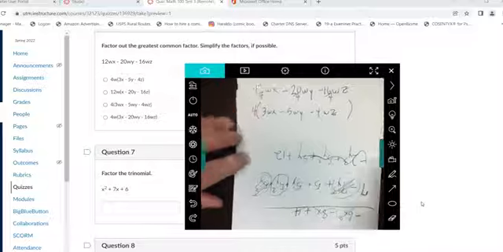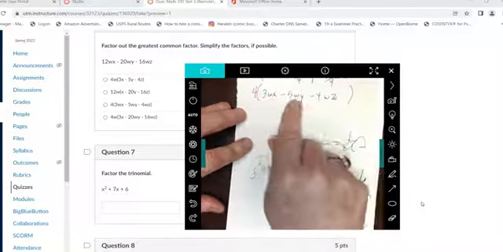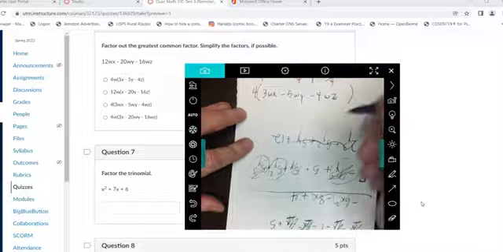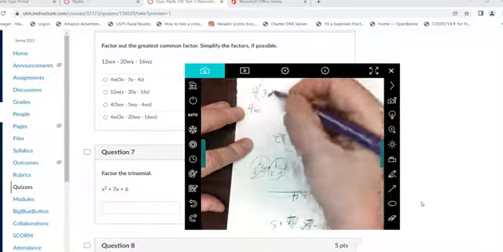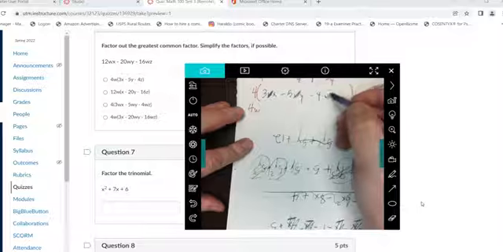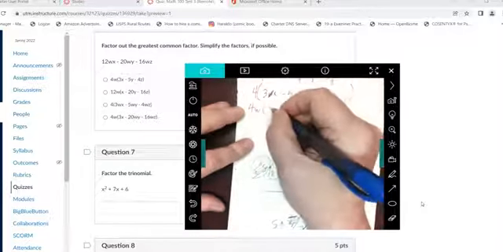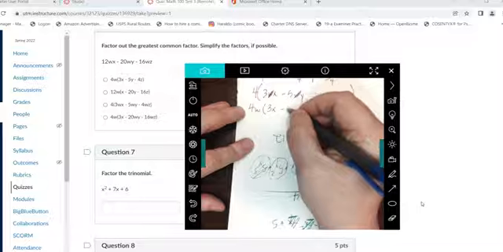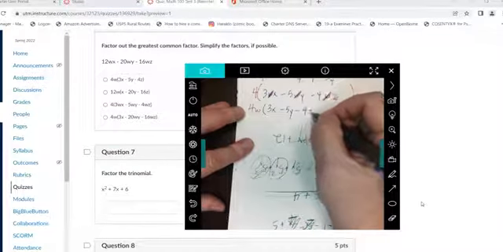Okay. Now the next thing I'm going to look for is with the letters, and I can factor out a w. So that's going to go out the front. So when I factor the w out, I'm going to get that.